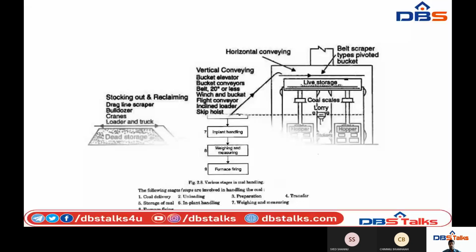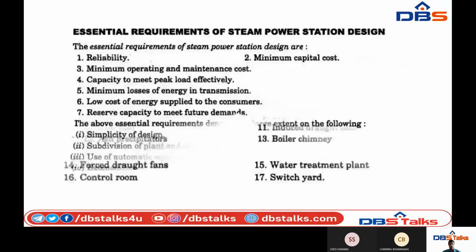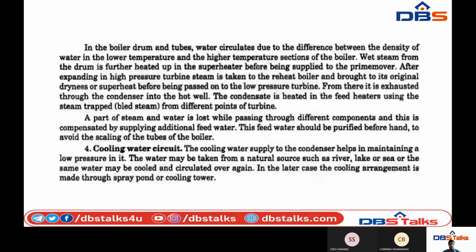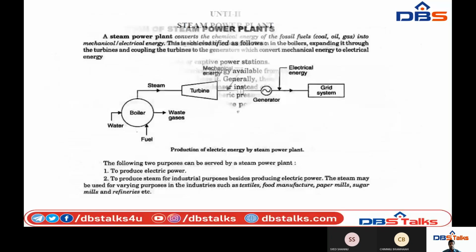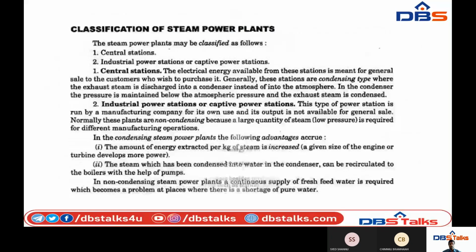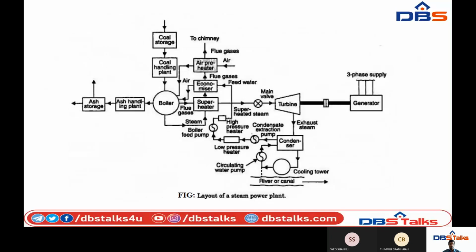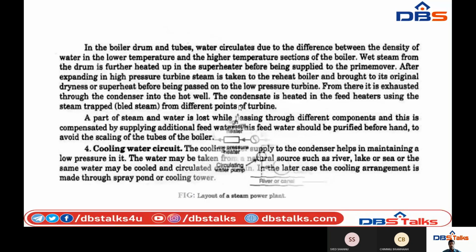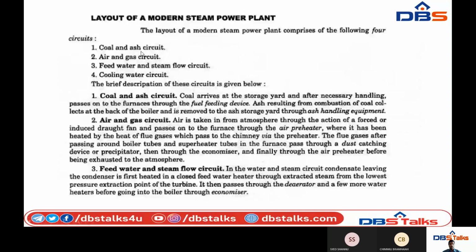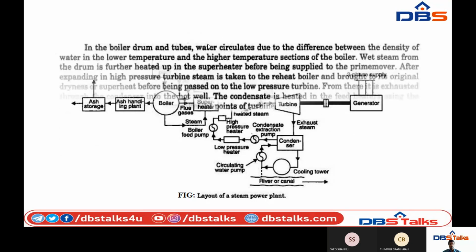And today we have completed the topics about what a steam power plant is and the classification of steam power plants. Next, the layout of a modern steam power plant. Here we discussed the complete structure of the layout of a steam power plant, and the processes and circuits included in it: coal and ash, air and gas, feed water and flow circuit, cooling water circuit.